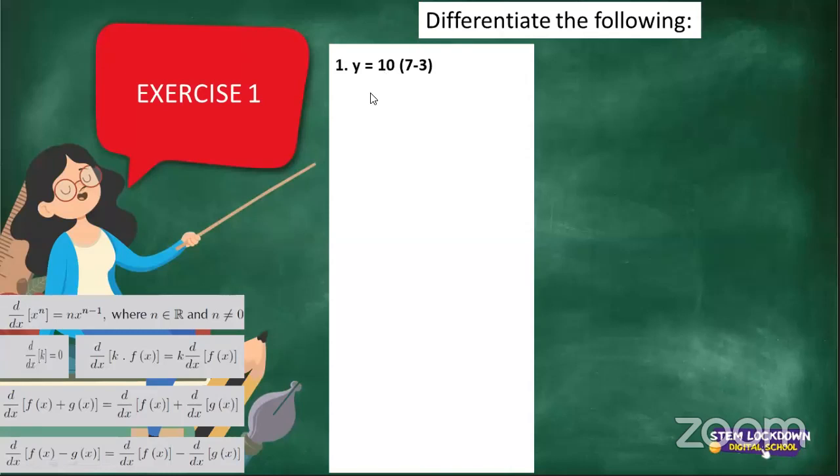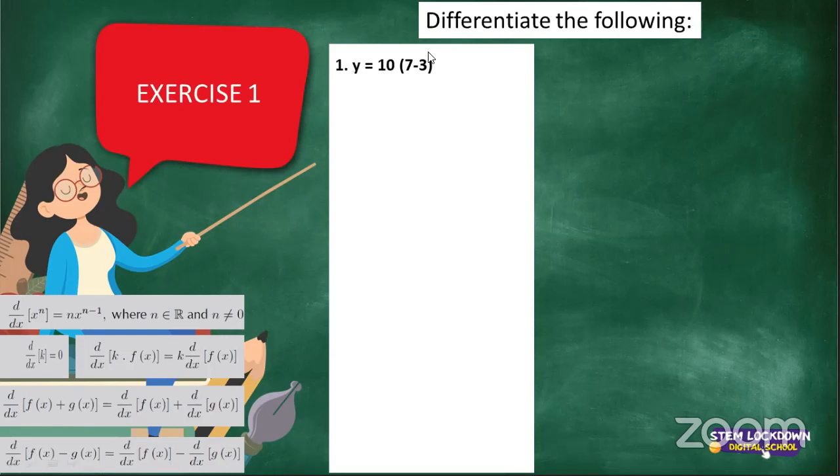So in this case, you are given a function y equals to something. If you're given a function and you have to find the derivative, you first have to identify what it is.